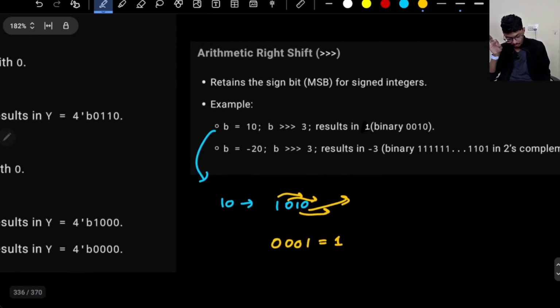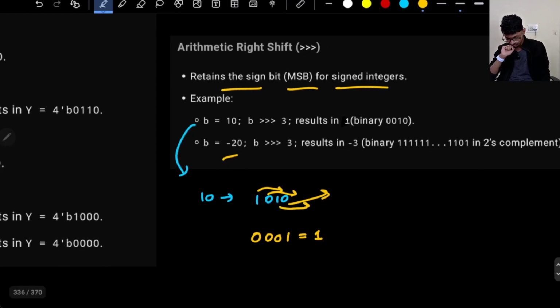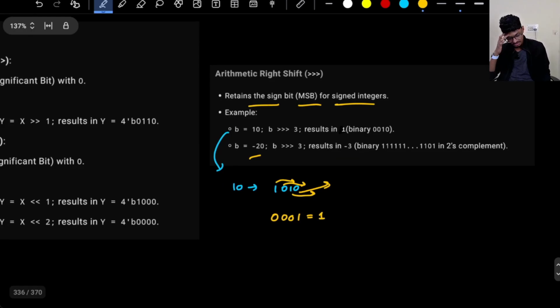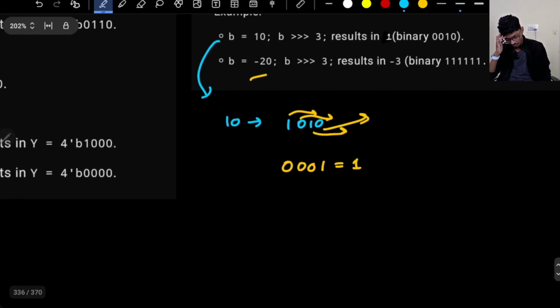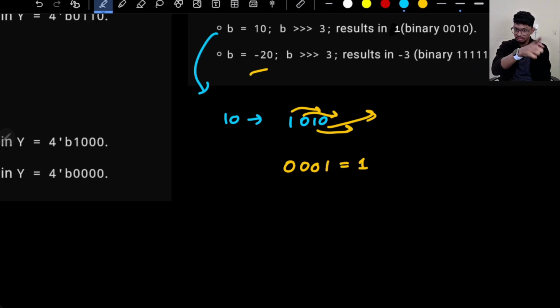Now what about a negative number? For a negative number, it retains the sign bit for a signed integer. For a negative number it will retain the MSB. Let's say this integer is minus 20. My sign bit will be retained. How is minus 20 represented in Verilog? In 2's complement format. So let me write the 2's complement format.